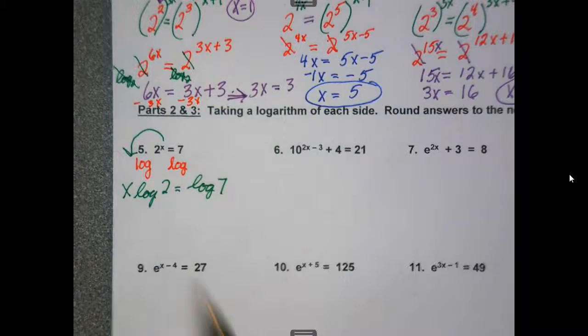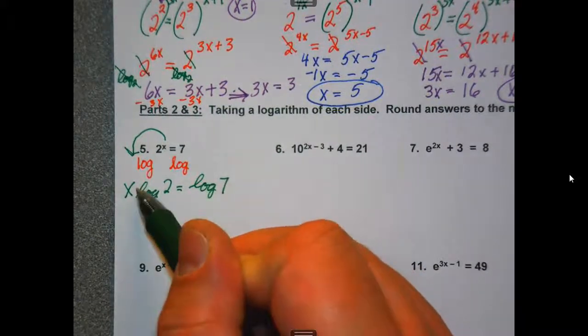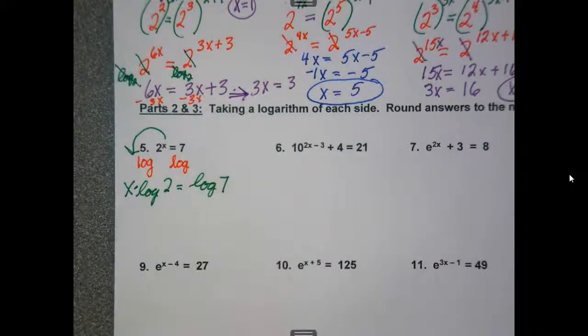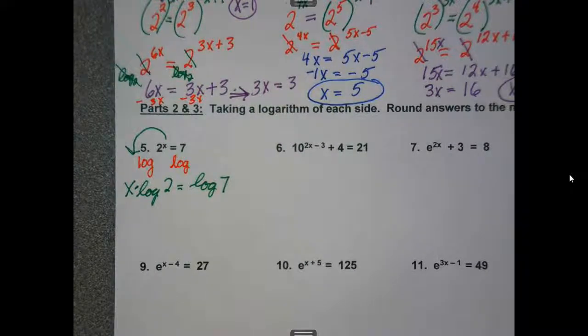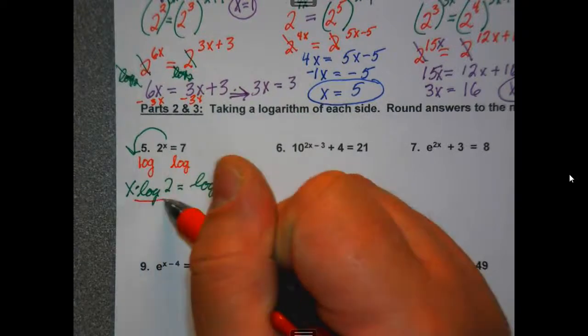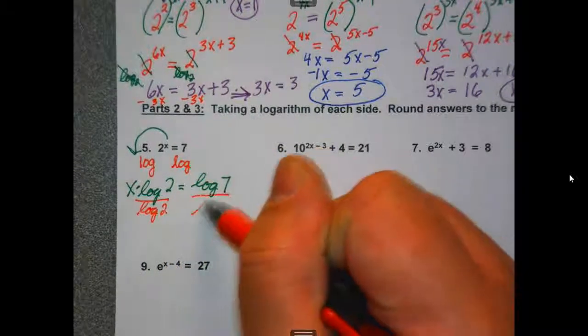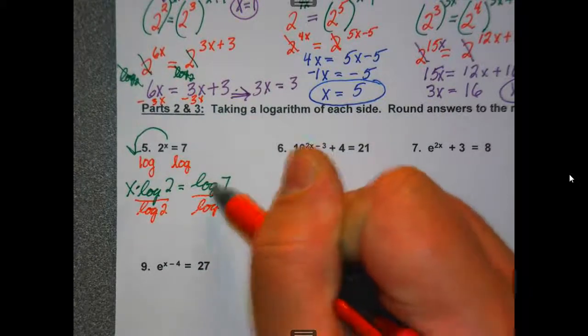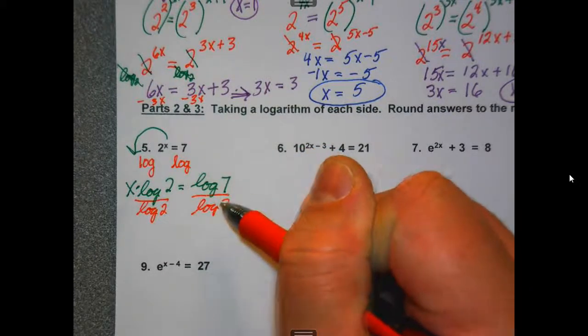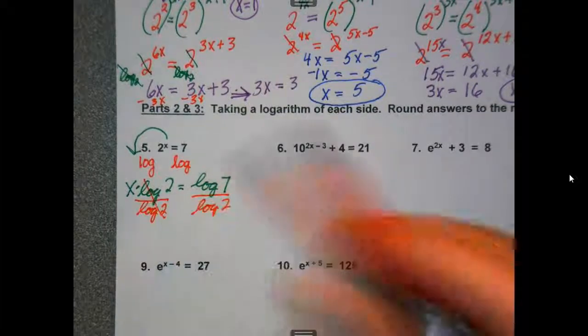Okay. Now there's multiplication between here, right? How do I get x by itself? Divide by log 2. I can do this in my calculator because we have a common log key.